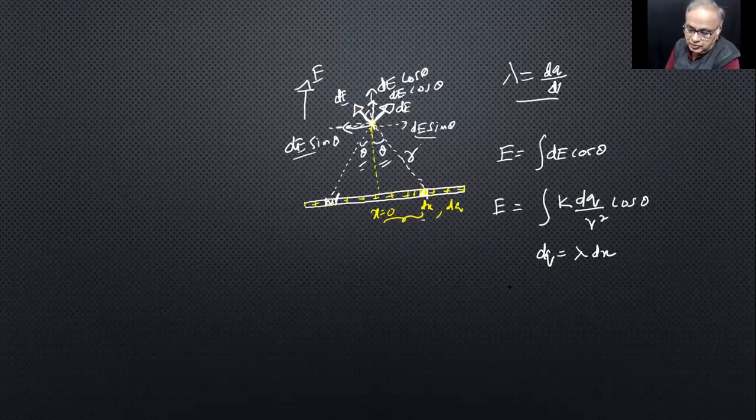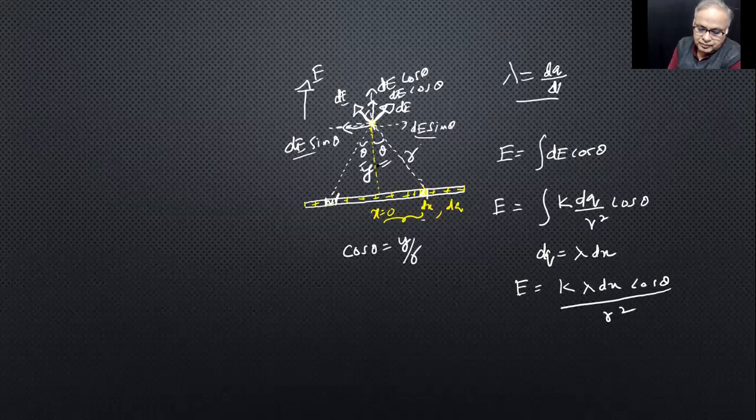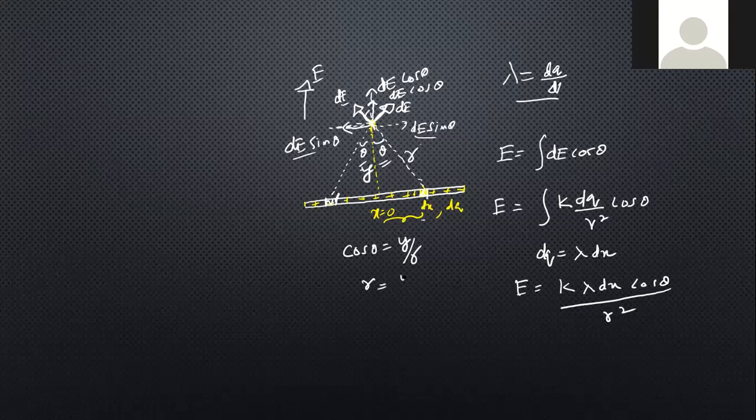Now E becomes k lambda dx cos theta by r square. Nothing has come into thetas yet. Only k and lambda constants I could get from here. But I know here cos theta is equal to y by r. So r equals y by cos theta.